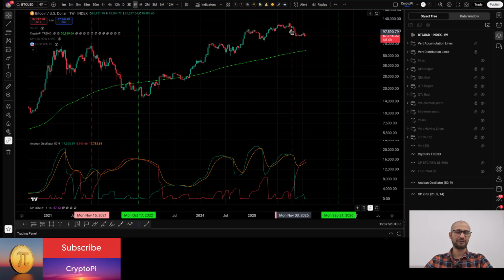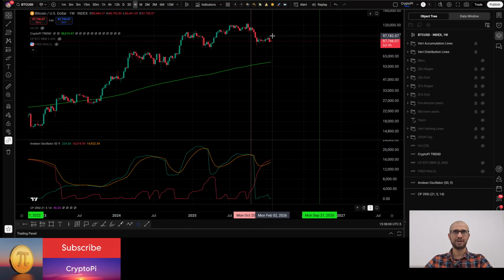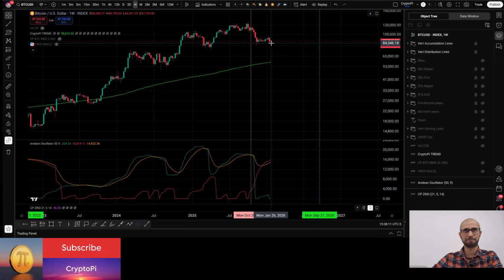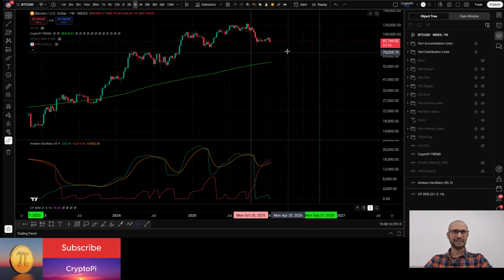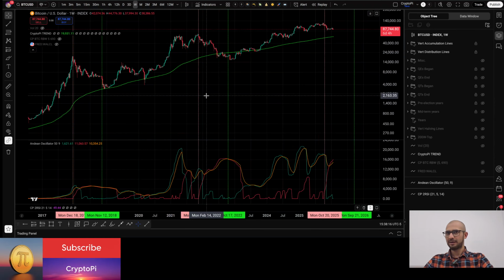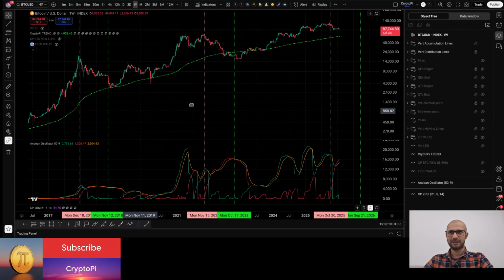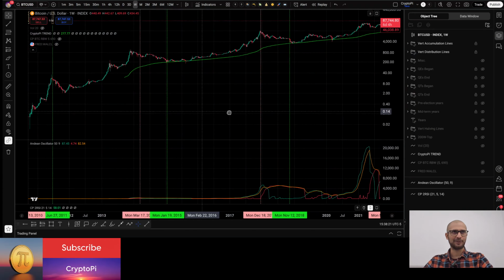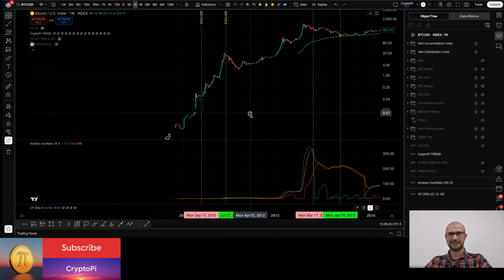And that is what we are observing right now. We did have a short rally last week, but it didn't last that long. Price went up until 97,000, and then we already see the price going back down to its original trend for the midterm year.